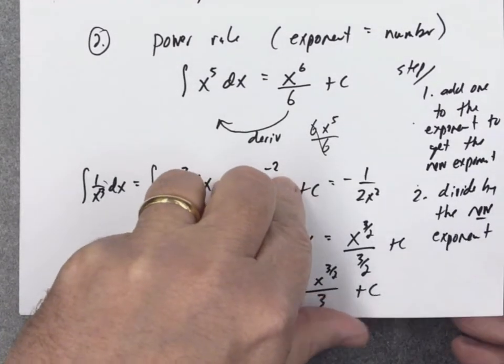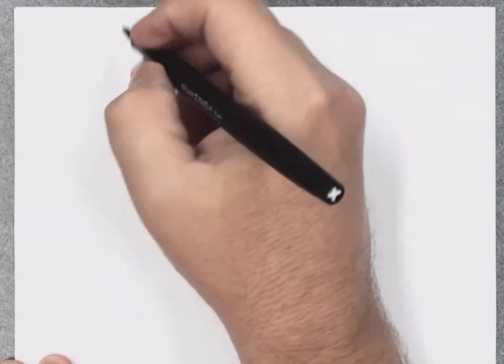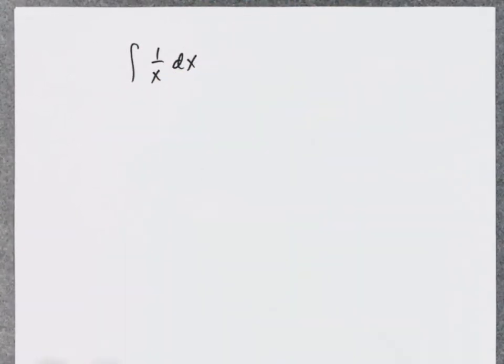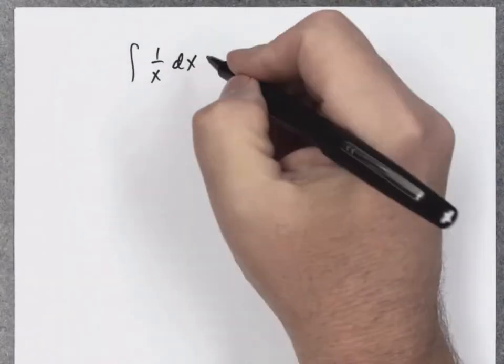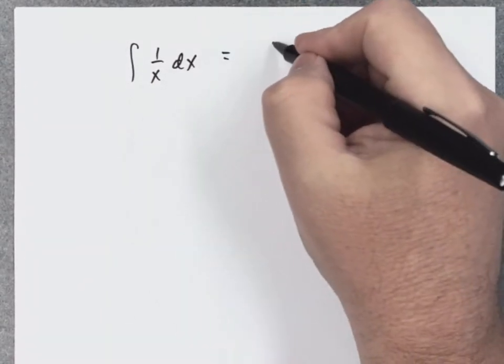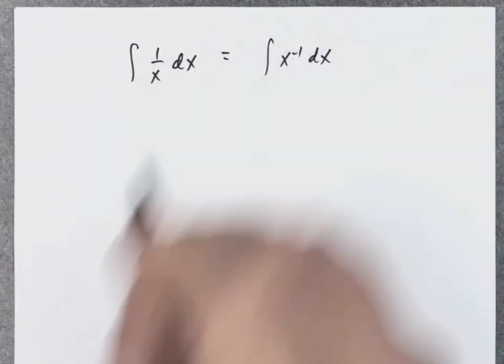Now let me show you something very interesting that happens when we take integrals. Let's just use our normal rules. Matter of fact, this looks pretty simple, pretty straightforward. What's an integral of 1 over x with respect to x? Well, if we apply the power rule, first of all, let's get this in the form where we can use the power rule.